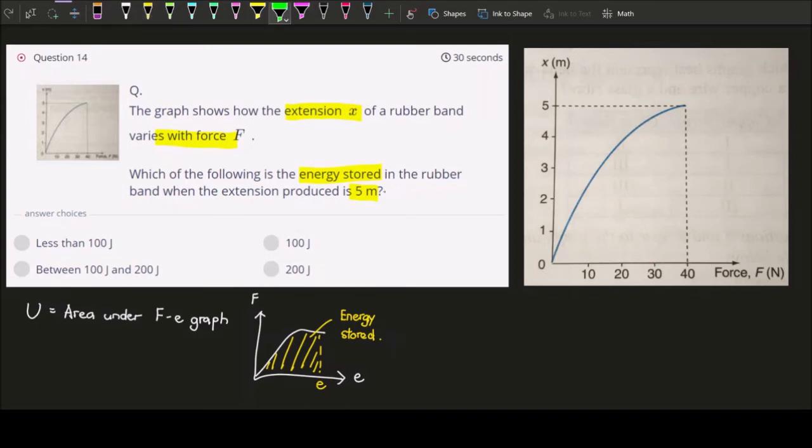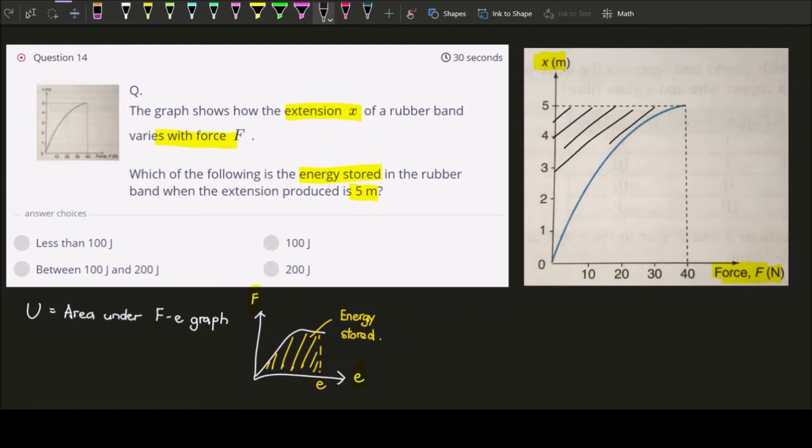The force is now the x-axis, whereas the extension is the y-axis. Usually we take F as the y-axis and e as the x-axis. Now they flip it, so our area under the graph is no longer this area. Our area under the graph is actually here.